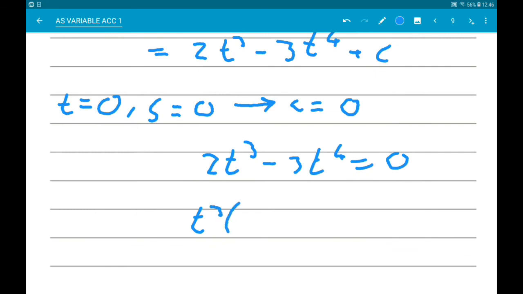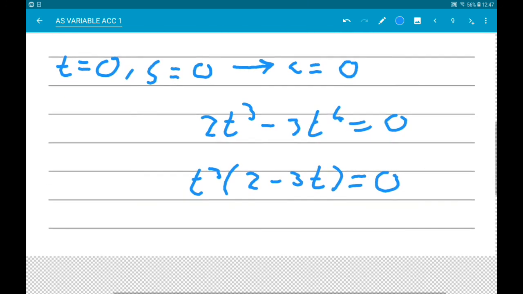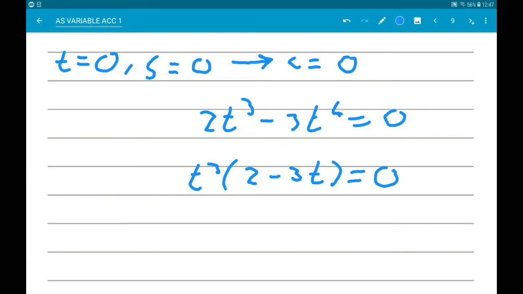So it's t cubed times (2 minus 3t). Now the t cubed tells us t is 0, but we knew that. So what we're interested in is 2 minus 3t is equal to 0. So that tells us t is 2/3. And that's seconds.